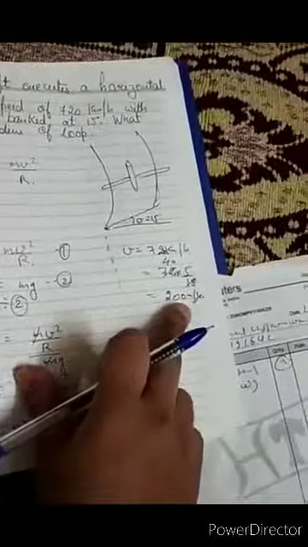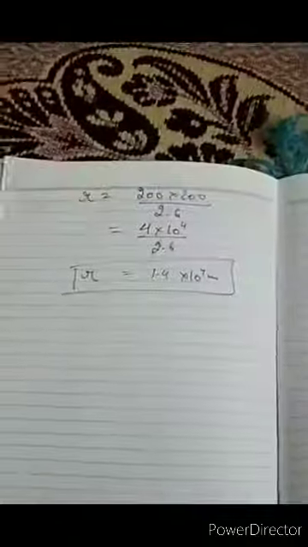When you go with such a high speed on a banked road, which is just 15 degree, a very small angle, you need a radius of 10 to the power 4, that is 10,000 meters. So just for a speed of 200 with such a high turn, you need such a high radius.